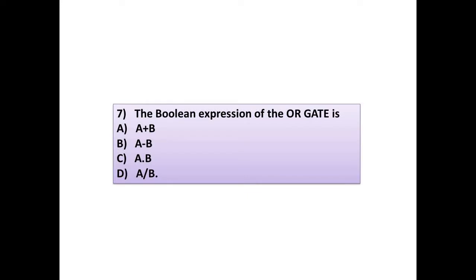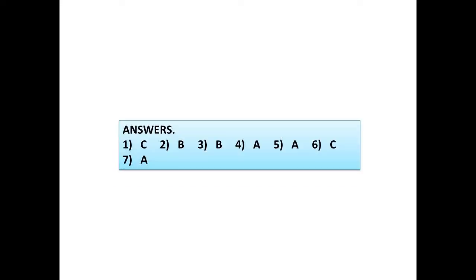Question number 7. The Boolean expression of the OR gate is: A. A or B, B. A minus B, C. A dot B, D. A divided by B.